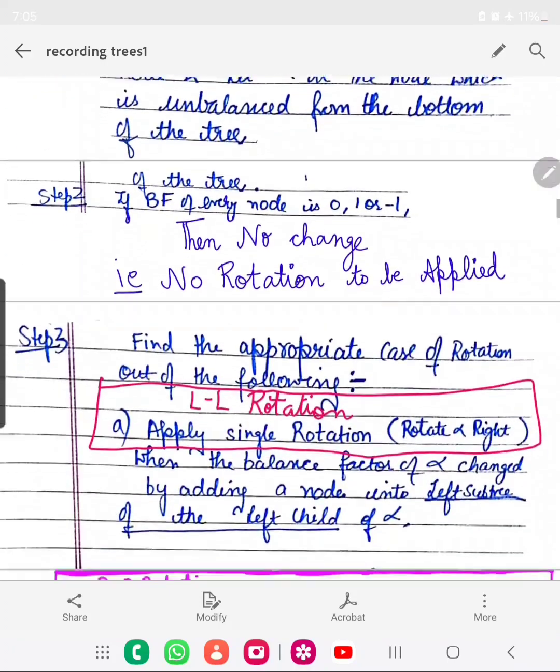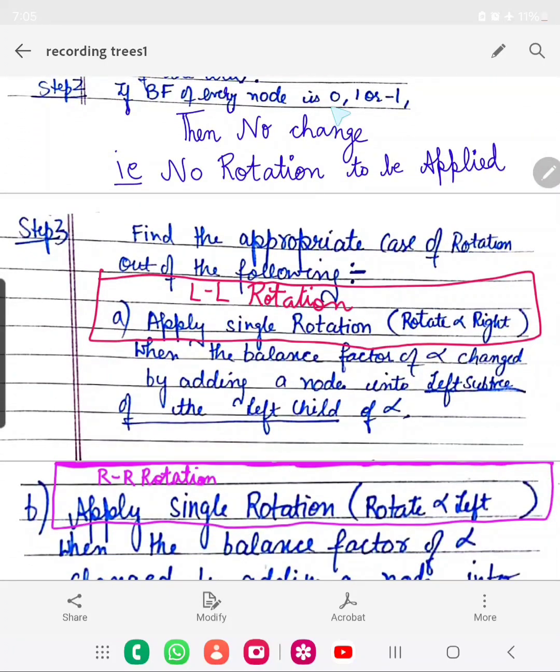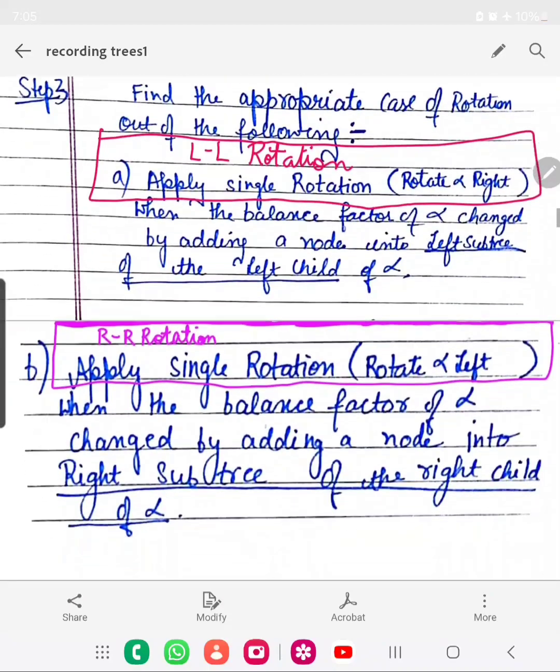Now step 2. If the balance factor of every node is either 0, 1 or -1, then there is no change. No rotation is to be applied. Step 3. Find the appropriate case of rotation out of the following. So we find out which rotation to be applied.